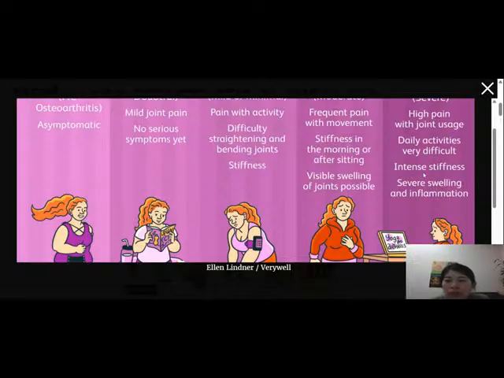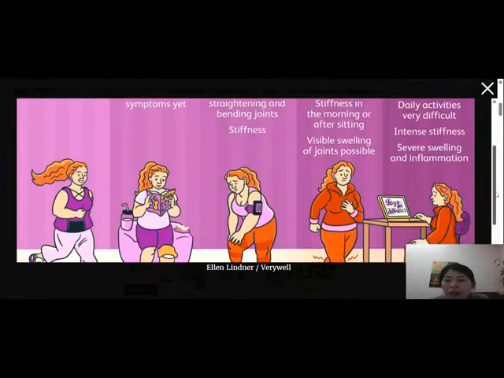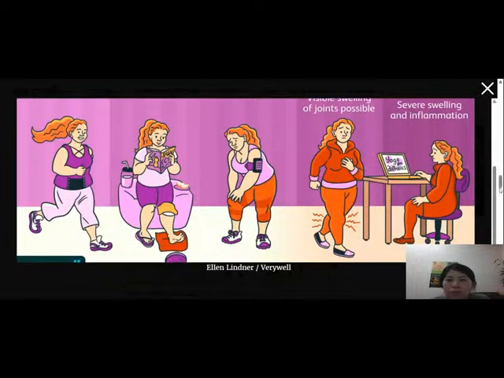There is intense stiffness, and severe swelling and inflammation. So on the last stage, it's really, really painful. If I can find more photos, I can show you. Stage 4.